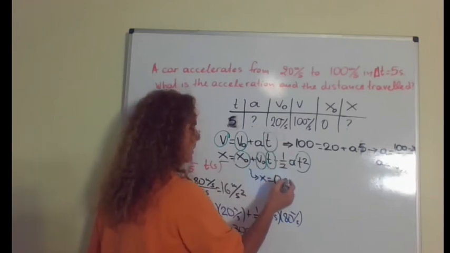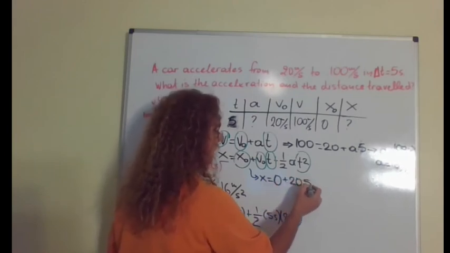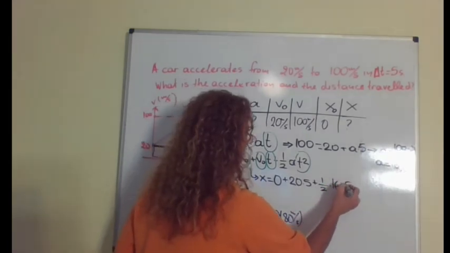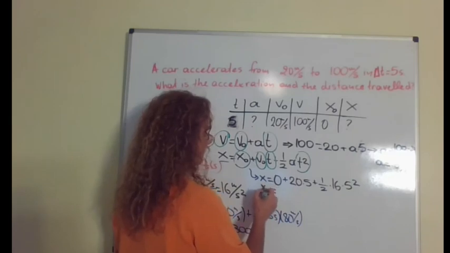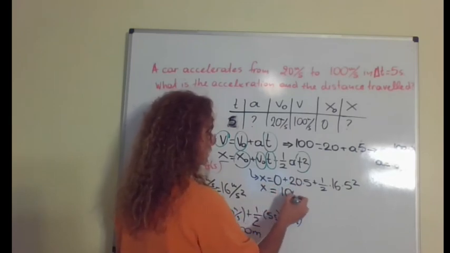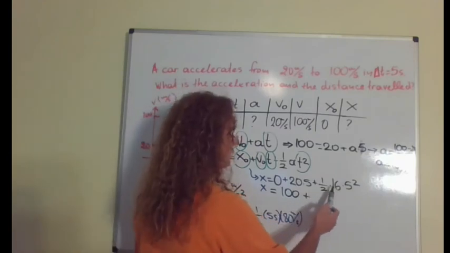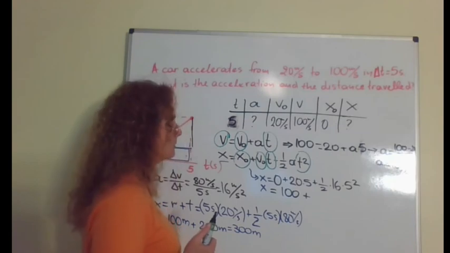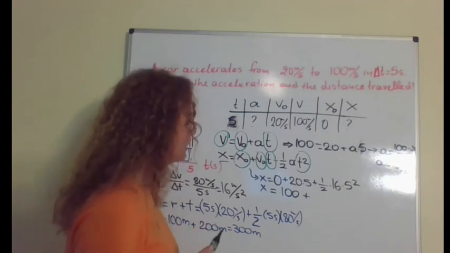Initial position 0 plus 20 times 5 plus half times 16 times 5 squared. So, which is 100 plus 25 times 8. 8 times 5 is 40.